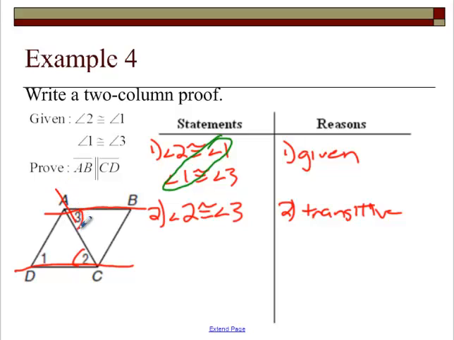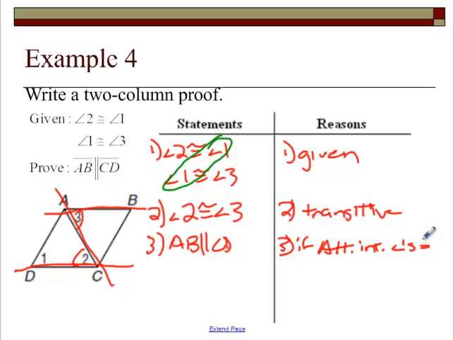If you could focus only on the ones in red, 2 and 3 cross the transversal, but they're in between the parallel lines. Since they're in between them, that makes them alternate interior angles. If alternate interior angles are congruent, then we have parallel lines.